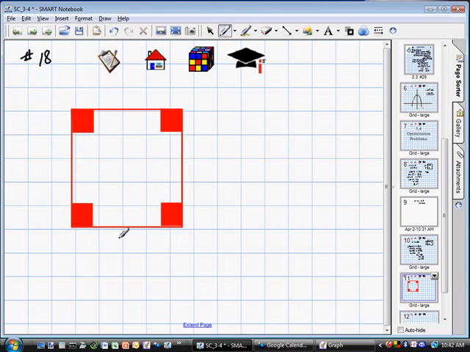Now, if this is 6 all the way from here to here, and this little piece right here is x, then doesn't this have to be 6 take away x on both ends, 6 take away 2x? And doesn't this also have to be 6 minus 2x?